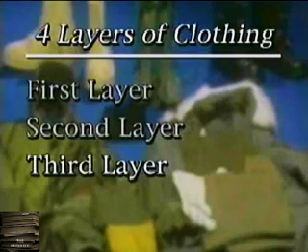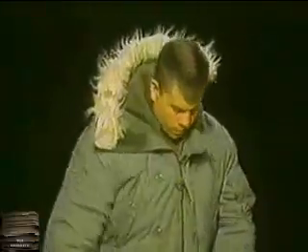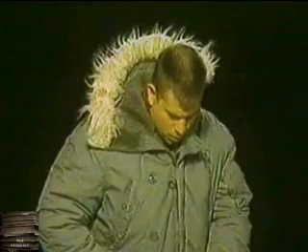Third layer. The third layer consists of a parka, wind pants or warm-up pants, and mittens or gloves. The parka jacket should be made of windproof and water-resistant material. It should also have a hood with a drawstring to minimize the opening to the face.